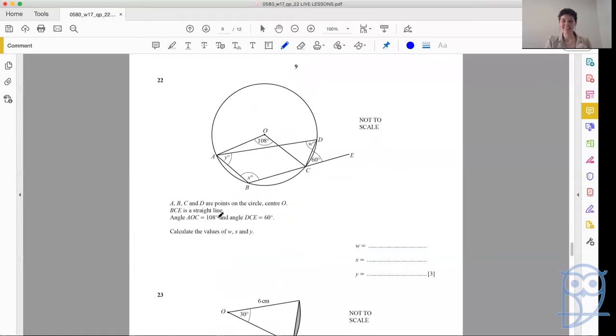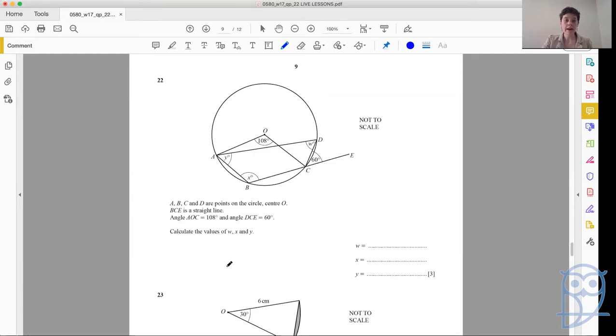A collection of angles. So a whole lot of angle facts to work with. So first off, we take a good look at our diagram and our information. We want to get familiar with this circle and its collection of lines before we start trying to calculate anything.